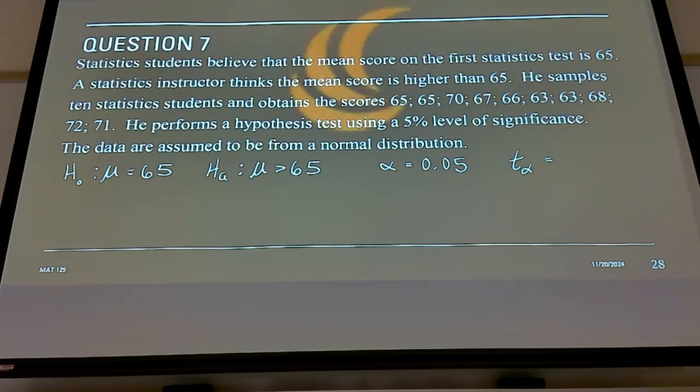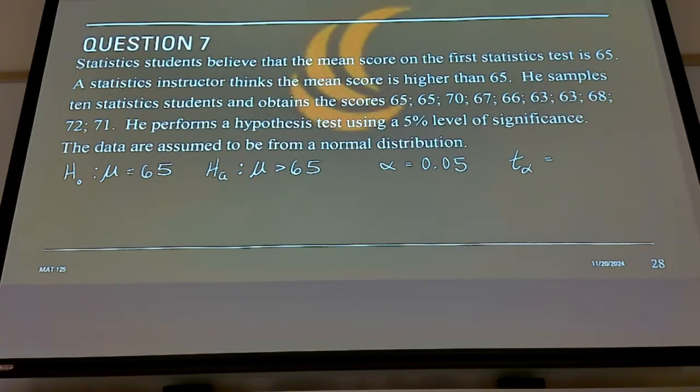So we have to come over to our student t table. What is the sample size? 10. Which means we have how many degrees of freedom? Degrees of freedom is 9.